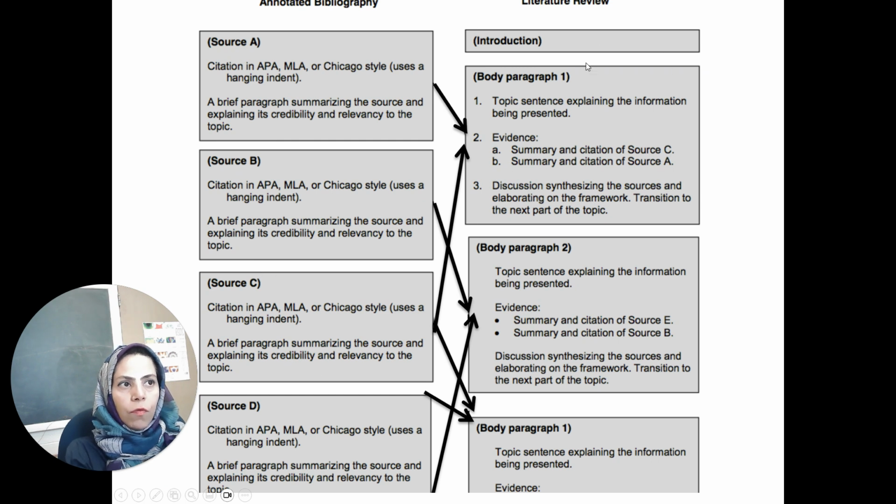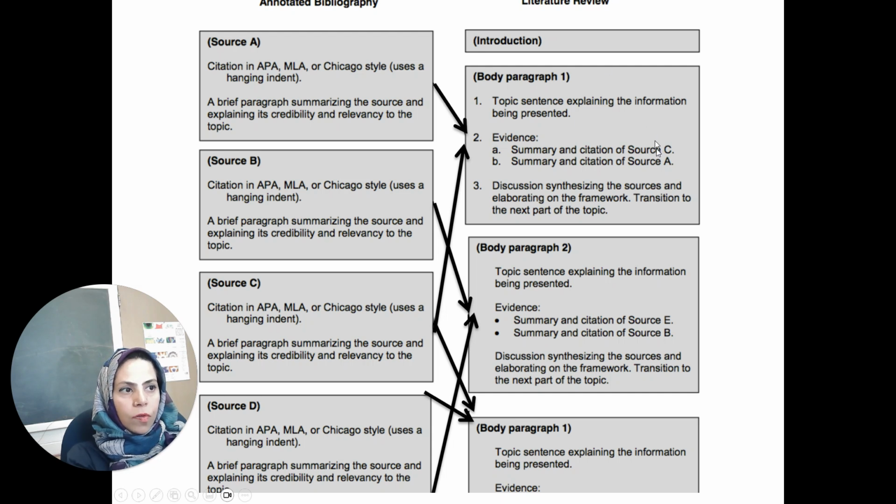So how your literature review you should be writing is maybe the source A and source C, ये paper A or paper C, they talked about a specific perspective या topic. तो आपने क्या किया? While you're writing about that perspective, you always start with the sentence explaining the information being presented कि अब आप किस aspect की बात करने जा रहे हो या ये क्यों important है.